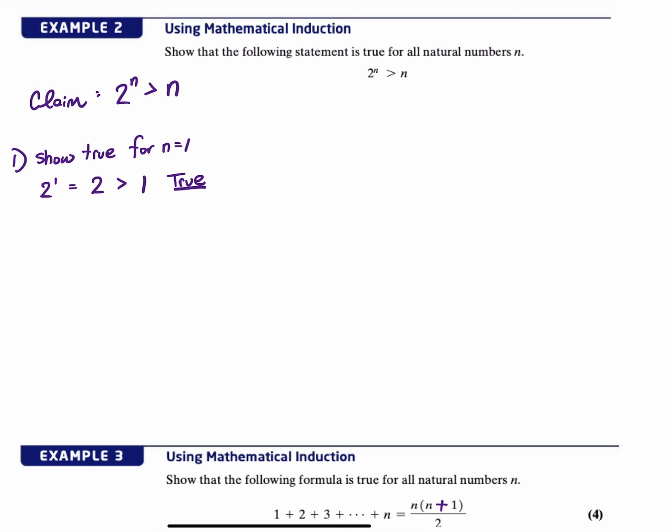But we need to show that if some general term is true, the next term will always be true. This gets a little bit tricky. But first, let's assume, part 2, let's just assume that this will be true for n equals k, meaning we'll assume that 2 to the power k is greater than k.